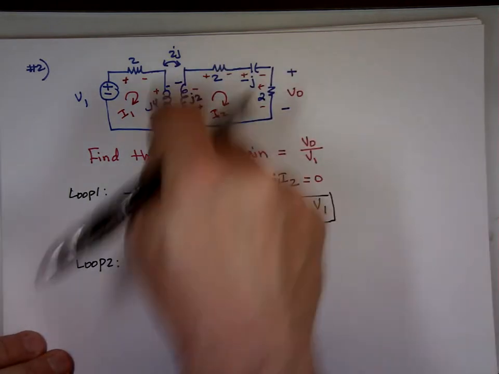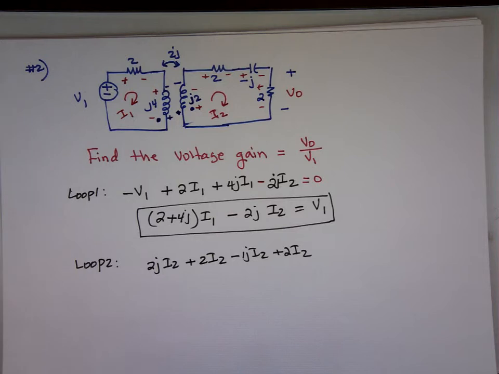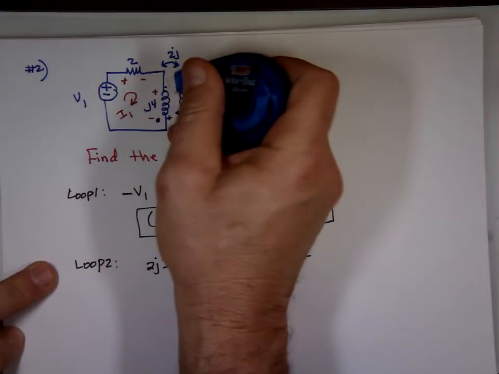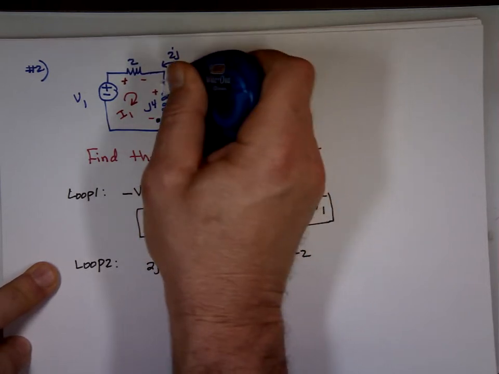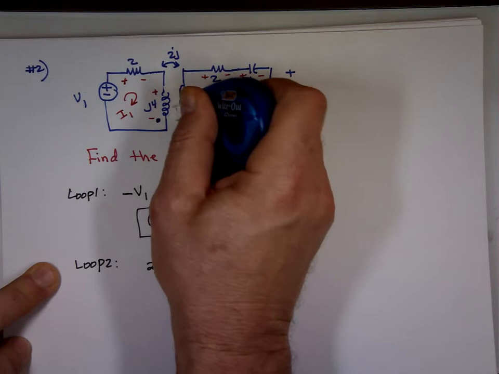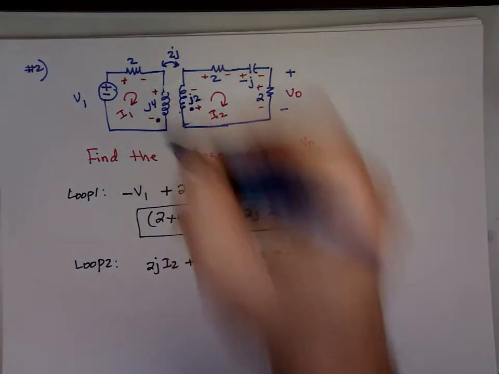Now again, the mutual inductance. Let's see what's going to happen. Where's my eraser? White out. Let's see what happens here. The current is coming from the top.